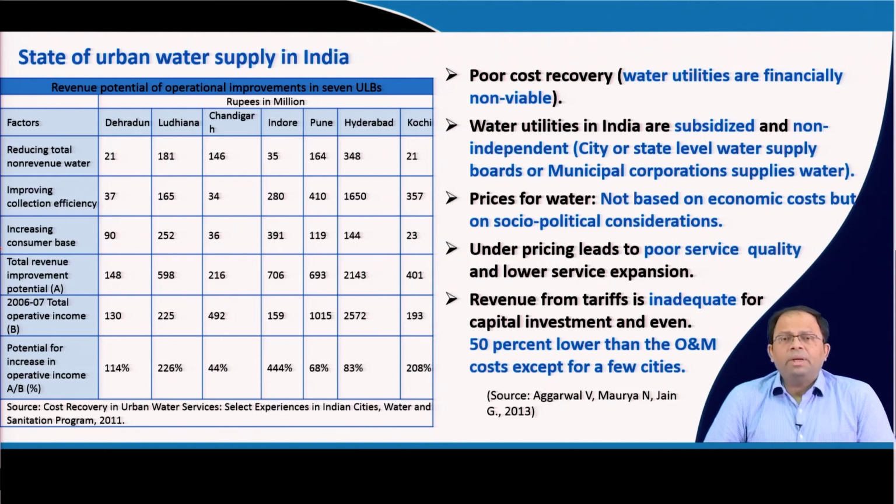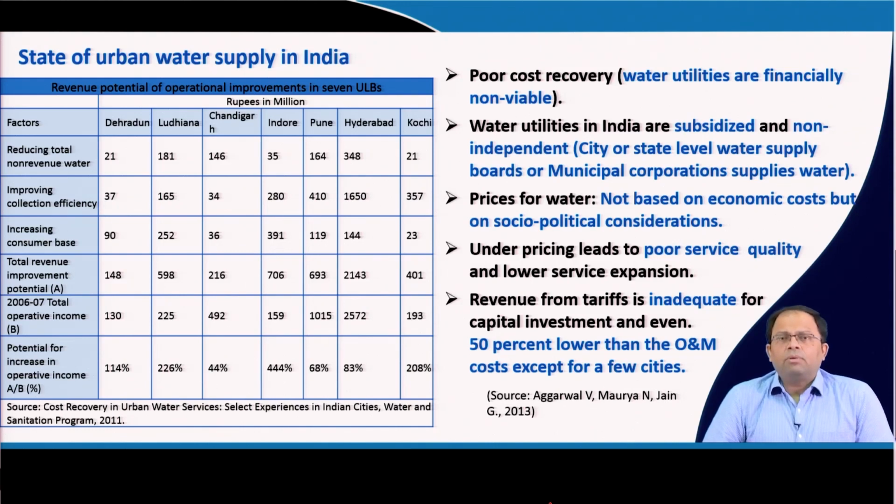If an independent entity, maybe a private company, was supplying the water, they should be able to charge their own tariffs. They would be able to propose improvements to the supply without consideration of other interventions. So independence is not there. Because of subsidy, these corporations cannot take independent decisions. So this is another challenge in India.